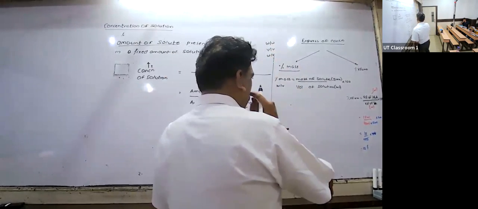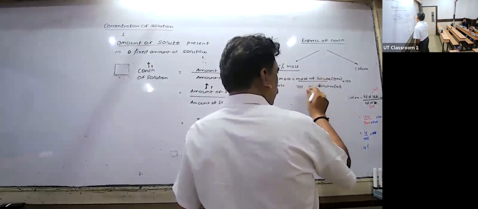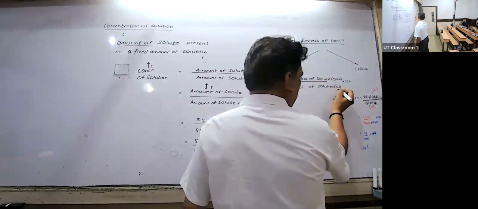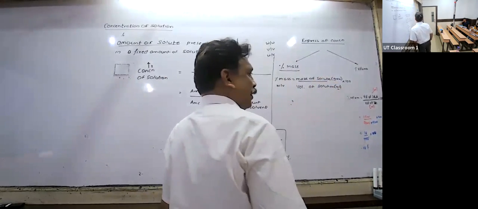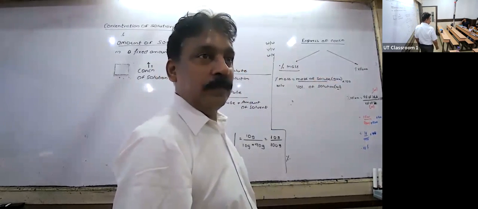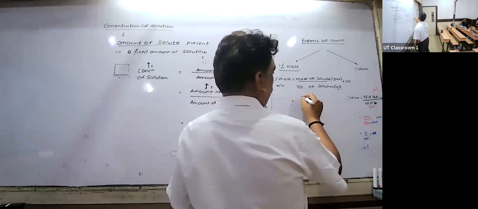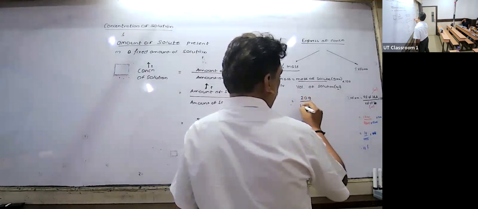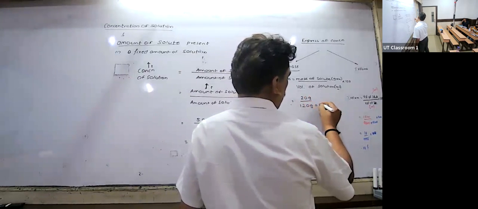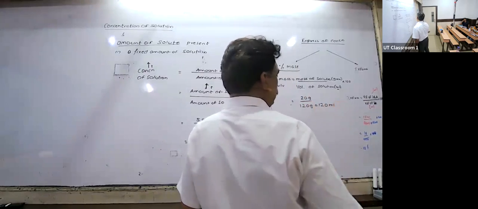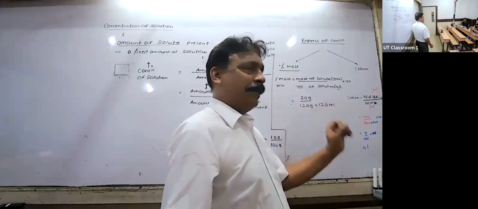Now understand this: mass of solute in grams upon volume of solution in ml. That means if you say, sir, I have got 120 grams of solution and 20 grams of solute, but that 120 grams we consider as 120 ml.